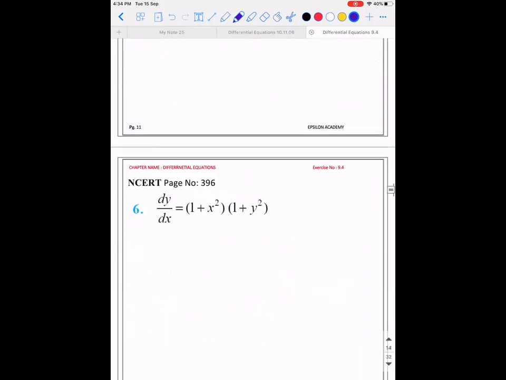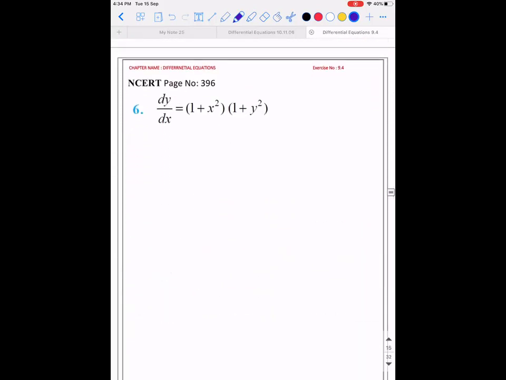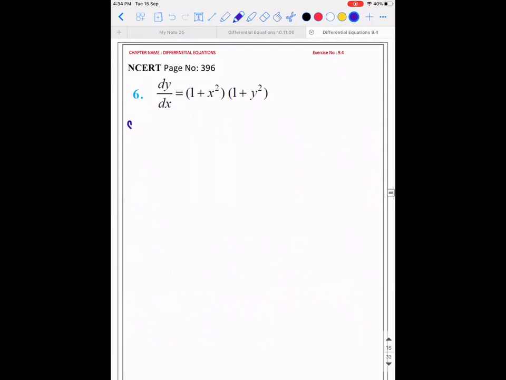So moving on to the next question. You people do this, tell me how to do. dy by 1 plus y square is equal to 1 plus x square times dx. Solve this, tell me what is the answer. Tan inverse y equal to x plus x cube by 3 plus tan inverse x.